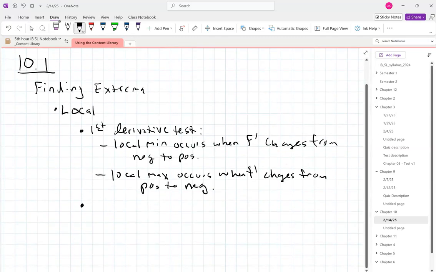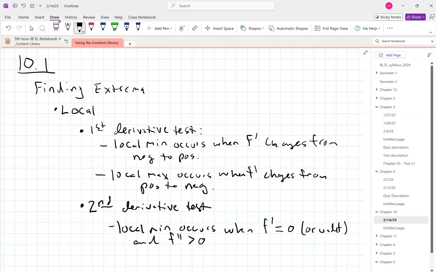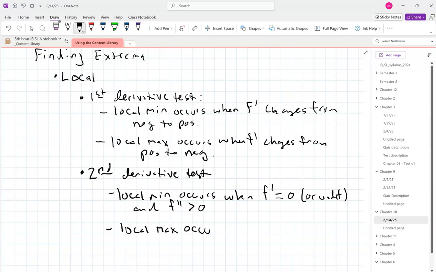Or we could do the second derivative test. There, your local minimum occurs when the first derivative is equal to 0 or undefined, and the second derivative is positive, and the local max is just the opposite.